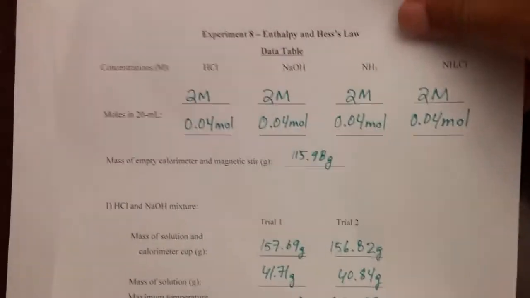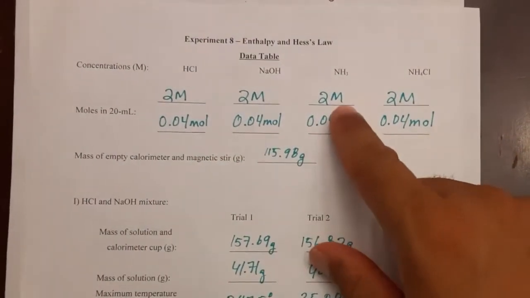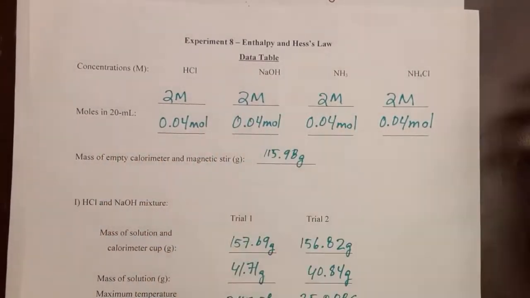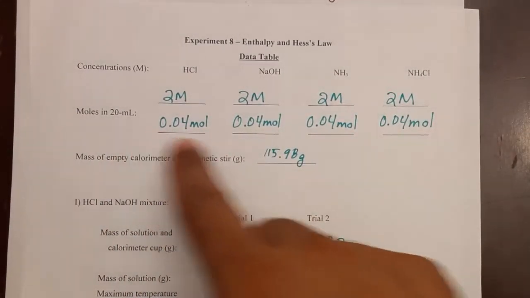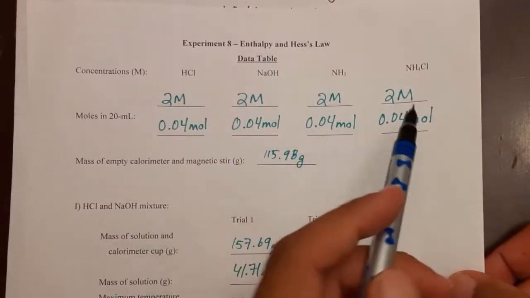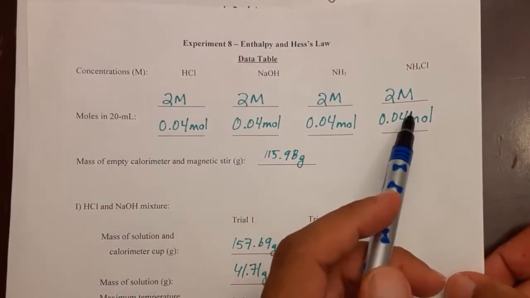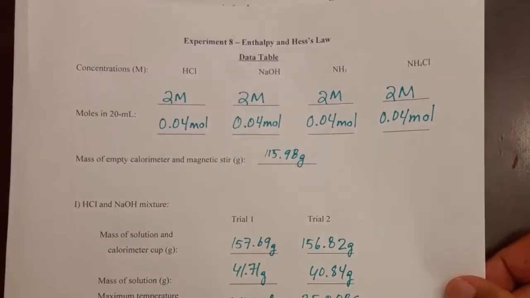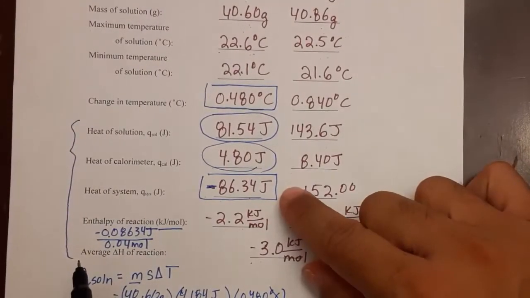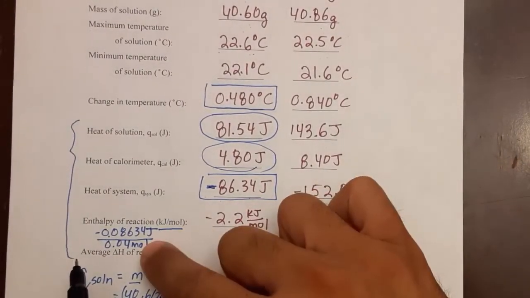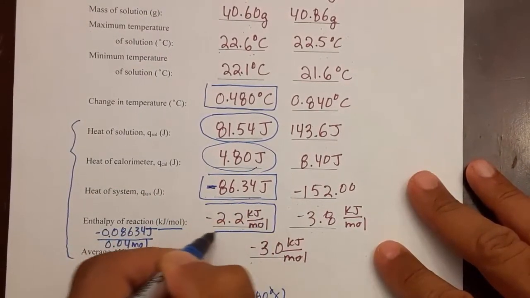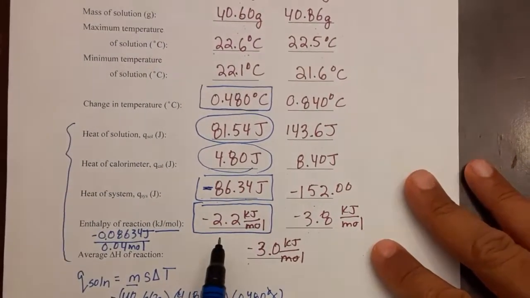You can see here we reacted 20 milliliters of 2 molar, and it's all the same concentration and the same volume. So whether it's per mole of NH3, ammonium chloride, or NaOH, it's always going to be 0.04 moles. We take these kilojoules and divide by 0.04 moles, and we get our final answer, which I'm going to box here: minus 2.2 kilojoules per mole.